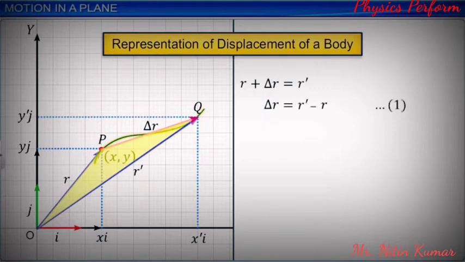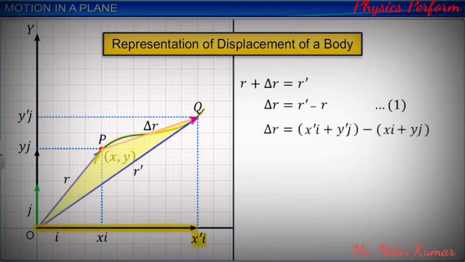We can write equation 1 in component form as delta r is equal to x dash i plus y dash j minus xi plus yj, which is equal to (x dash minus x) i plus (y dash minus y) j.